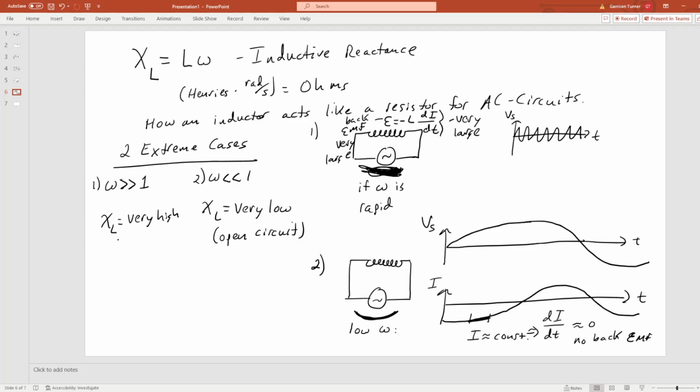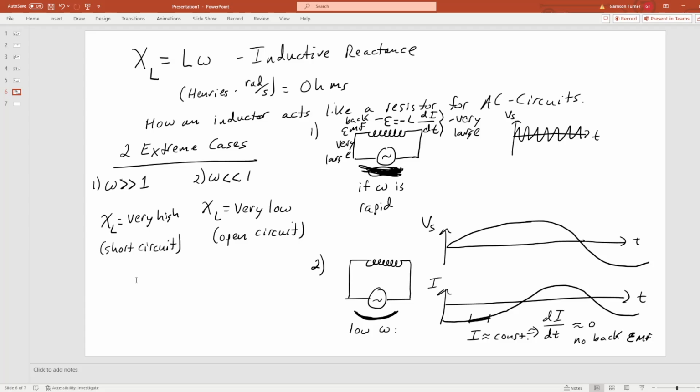By the way, the term for the very high, where the circuit basically shuts down, this is a short circuit. Okay. So at very high frequencies, your inductor acts like a very, very strong resistor. And at very, very low frequencies, it acts like a very, very small resistor.